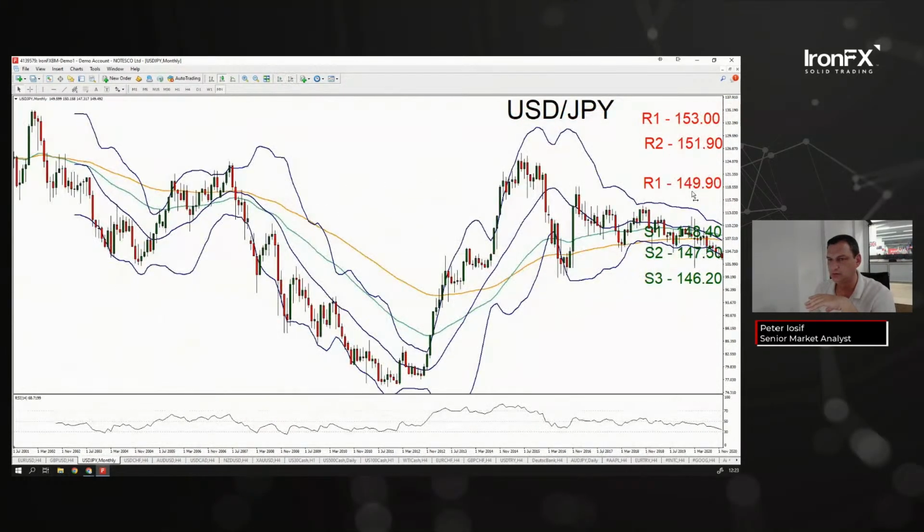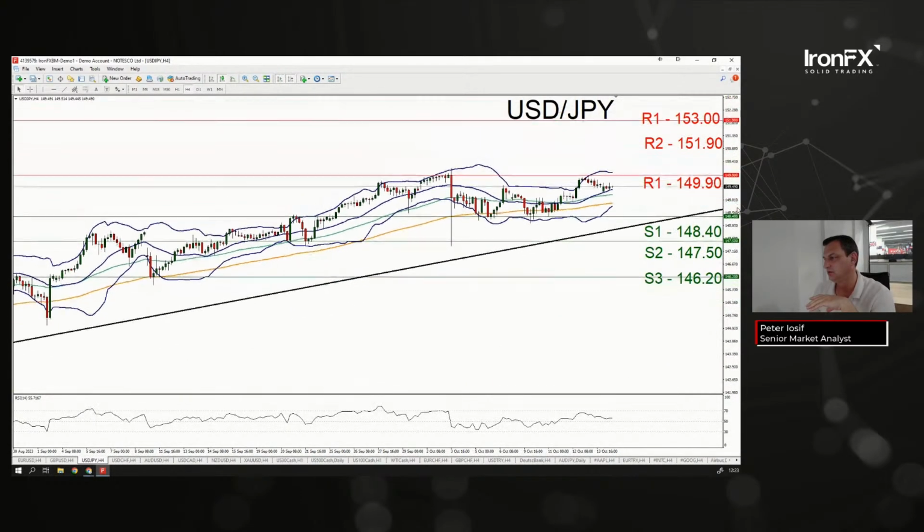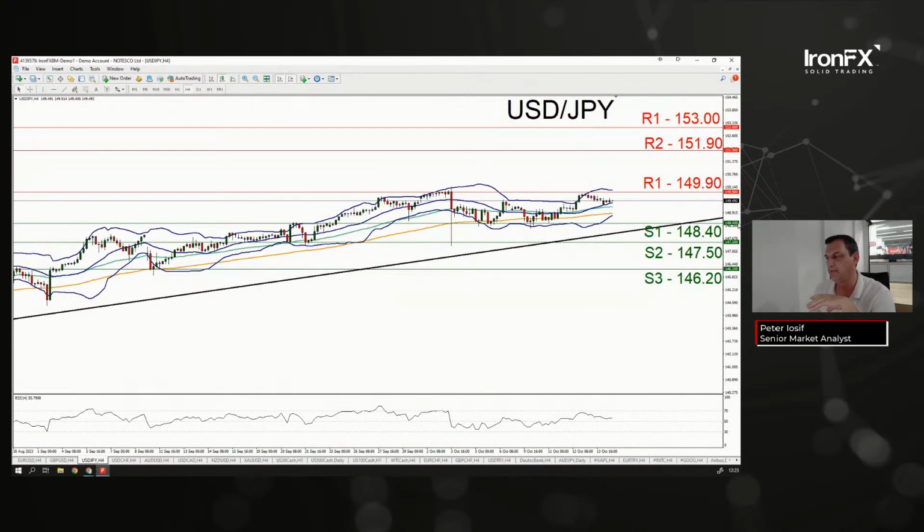Let's unlock it. Even back to 2001. Practically, in my opinion, the R2 marks not an all-time high, but definitely the highest level which the pair has reached in over 20 years. So that's an element which may cause some cold feet for the bulls.